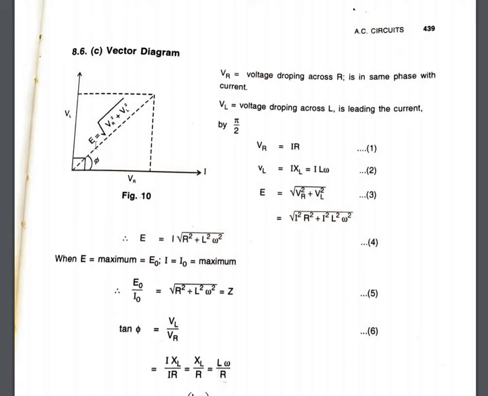This VE squared is equal to VR square plus VL square. Here this is the angle phi. So in a circuit containing inductance and resistance, the current lags behind the voltage by an angle phi, or the voltage leads the current by an angle phi.